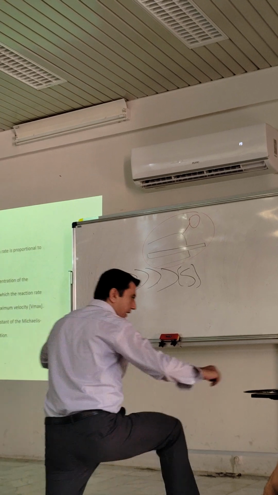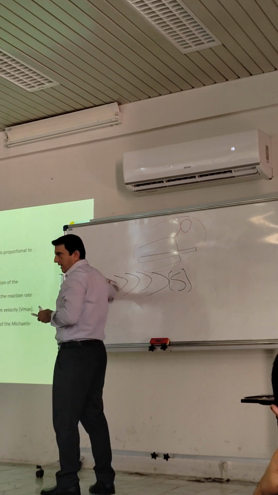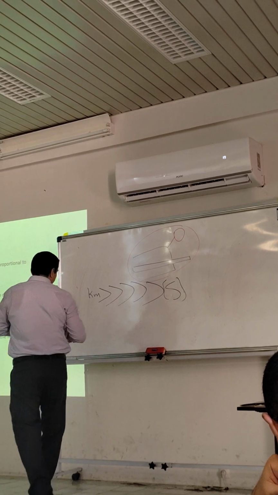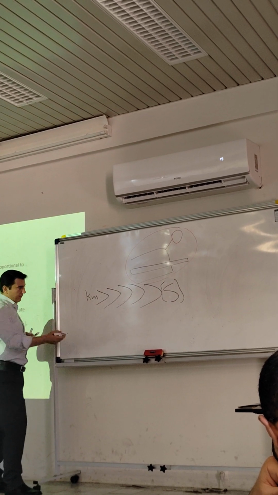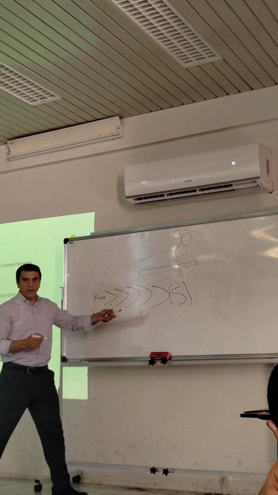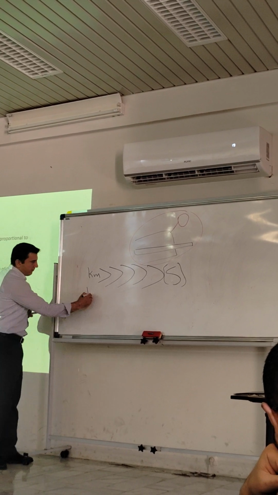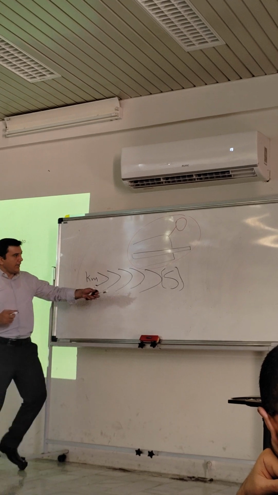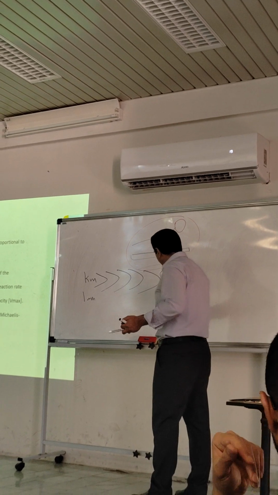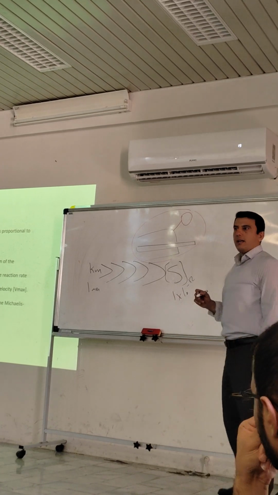Okay, let me solve this question and I will give you another question. When Km is much higher than S, for example, the Km level is 1 millimolar, and the substrate that we have in the reaction is, for example, 1 multiplied by 10 to the power of minus 12.